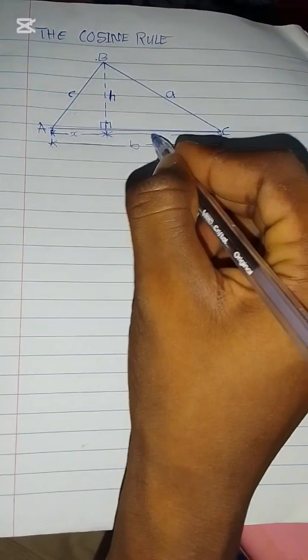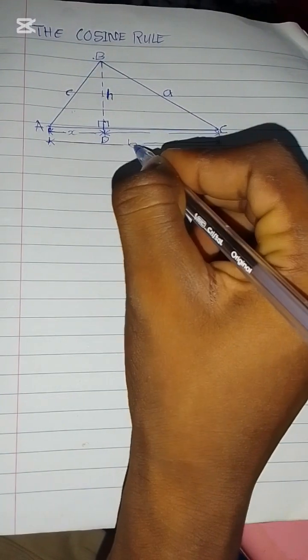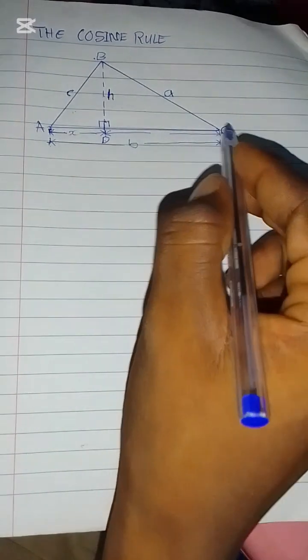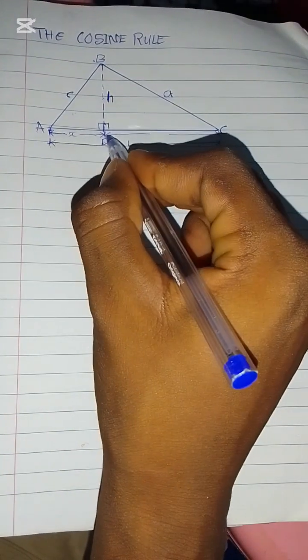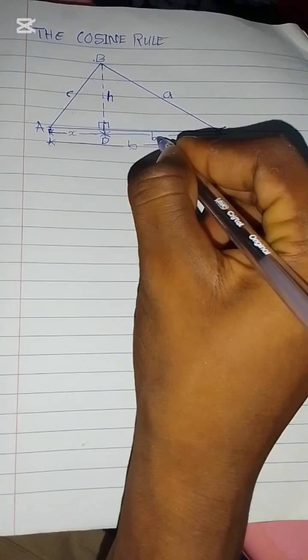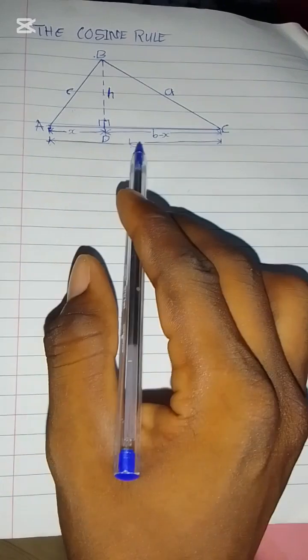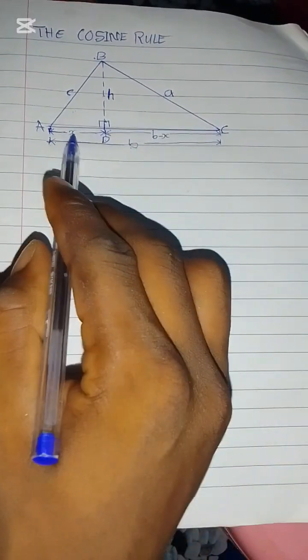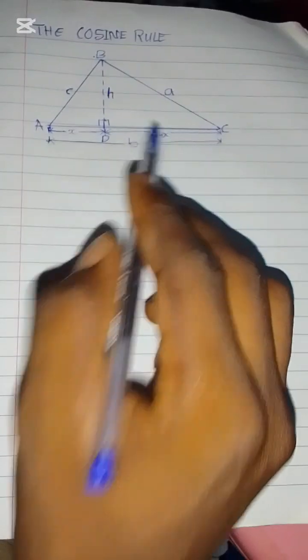And from D to C, the whole line from A to C is b, so D to C will be b minus x, which means if we have the distance b and I subtract x from it, I get the distance of this one.